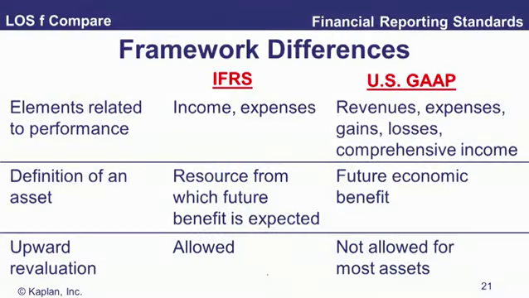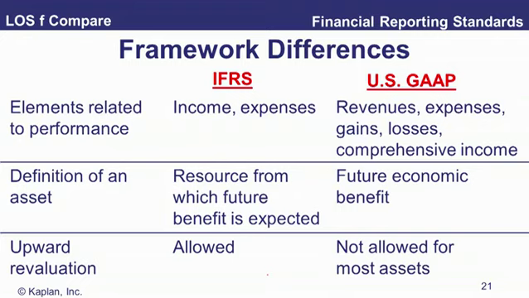Our next LOS changes to a compare LOS, and we're comparing framework differences between IFRS and US GAAP. Now notice IFRS, when they talk about performance, is really talking about the income statement, so it's talking about income and expenses. US GAAP actually extends that. Notice they say revenues, expenses, gains and losses.